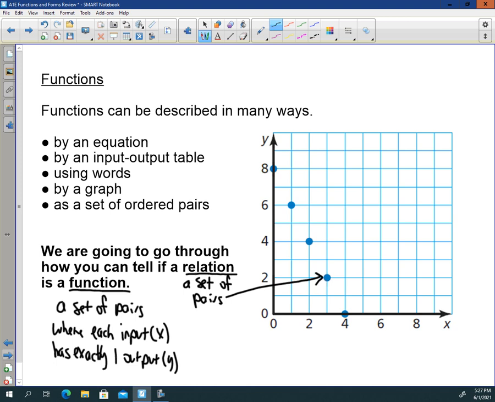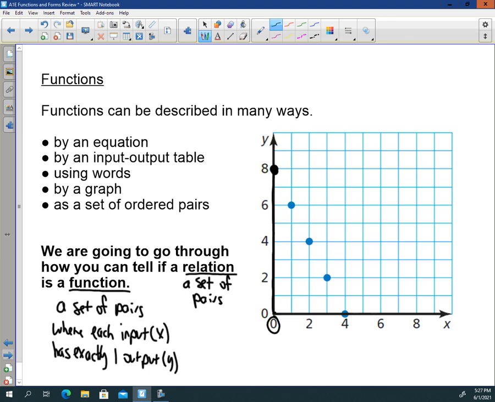So when we're looking at this graph right here, this series of dots, we can take a look at the input of 0. And when we take a look at 0 and we go up to the output, which is 8, we see that there is only one dot there, and so far this is good.